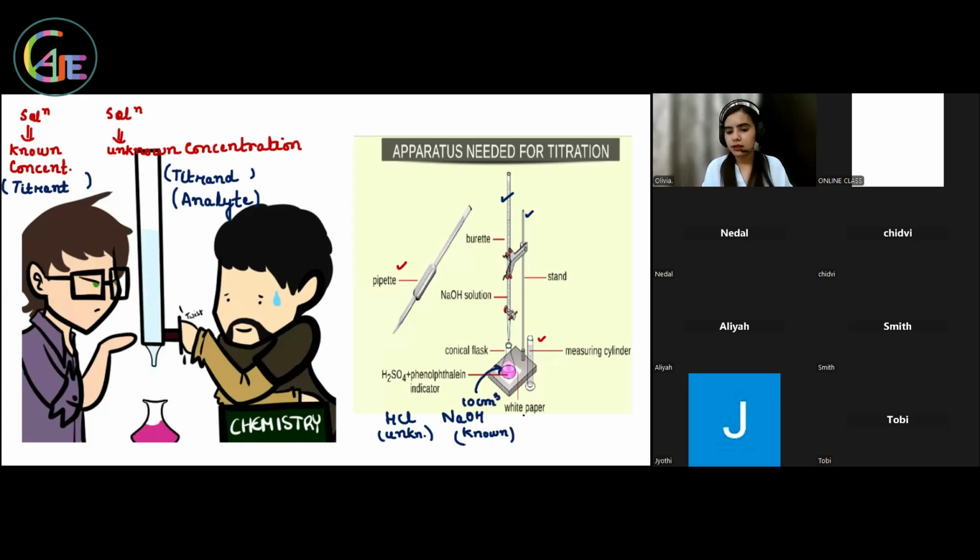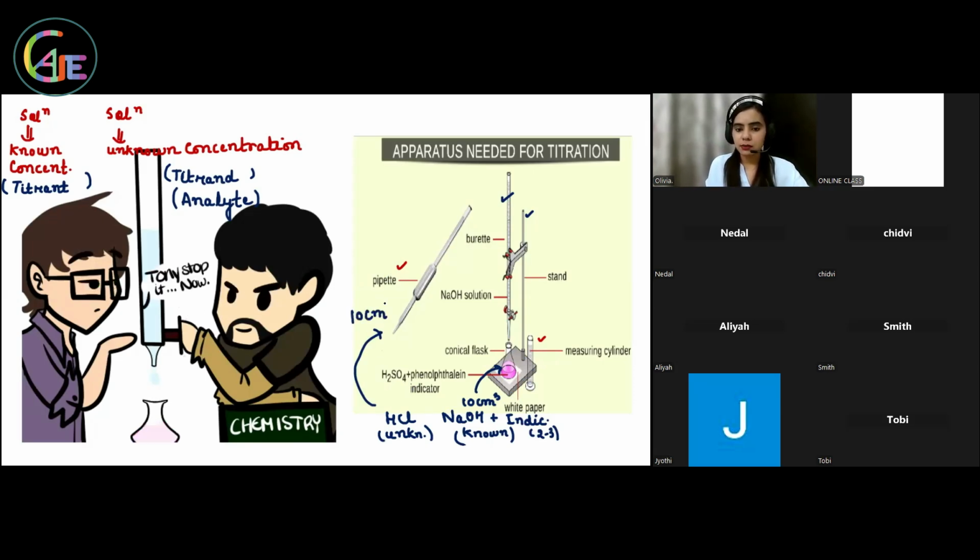Along with that, take your indicator, that is your phenolphthalein, and add 2 to 3 drops of it in this flask itself. Now, what you need to do is take HCl in the pipette. Let's say right now I'm taking the HCl in the same quantity, like 10 centimeter cube. With the help of the pipette, I will fill this all into this burette.